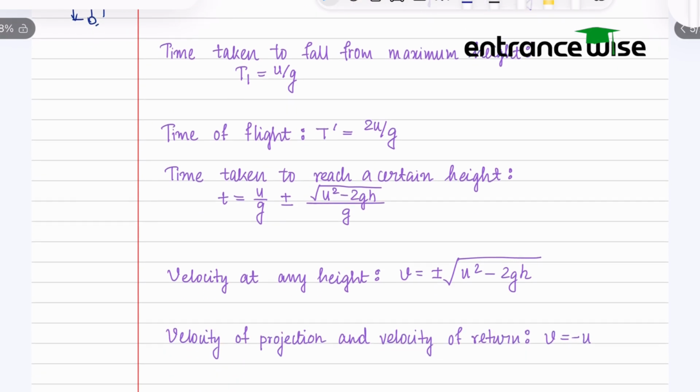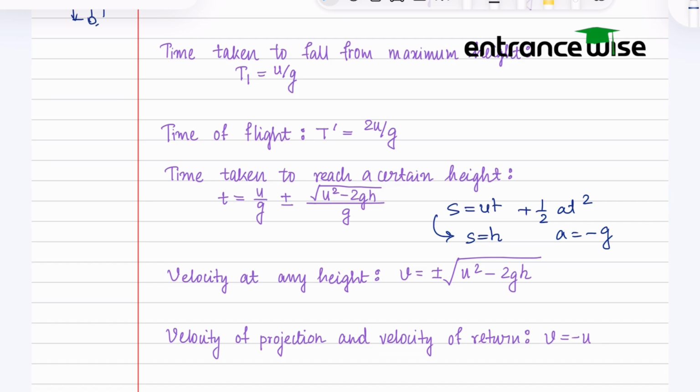Then time taken to reach a certain height. Let's consider the time taken to reach a specific height h during the upward motion. So from the equation s equal to ut plus half at square, we can write s is h as we have taken it here, and a is minus g.